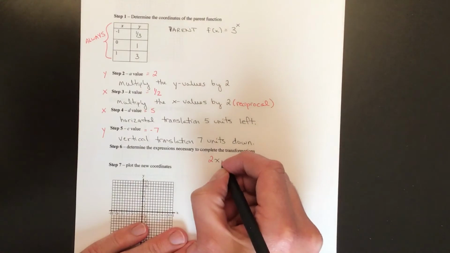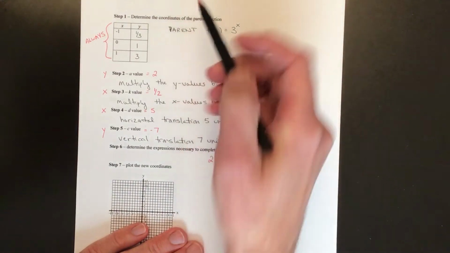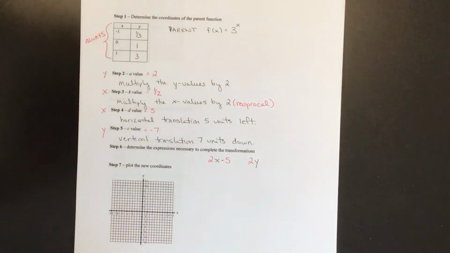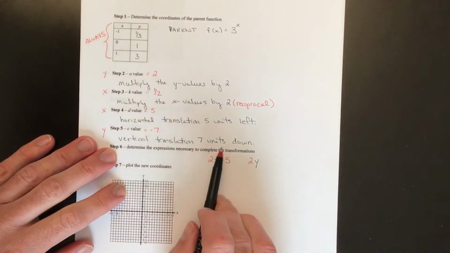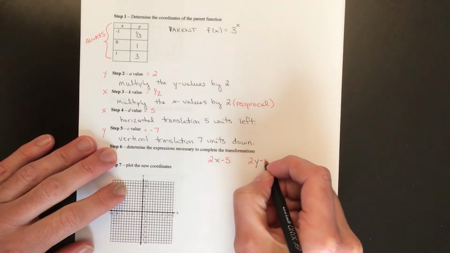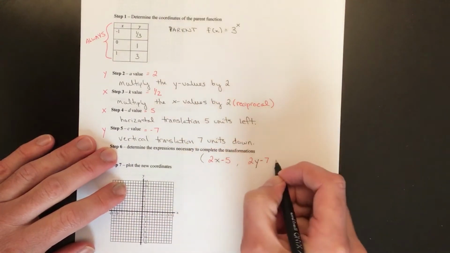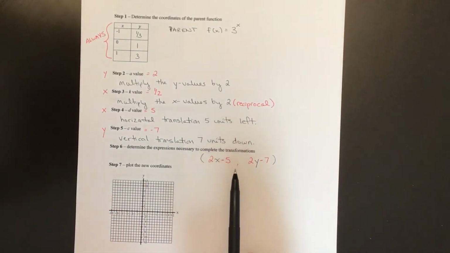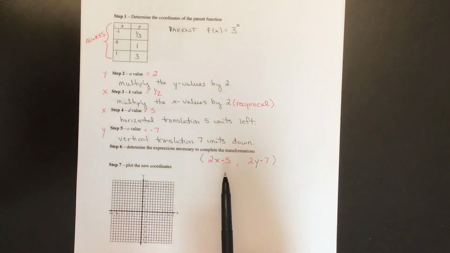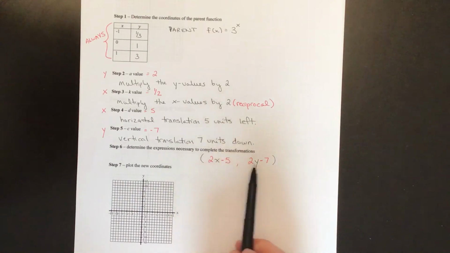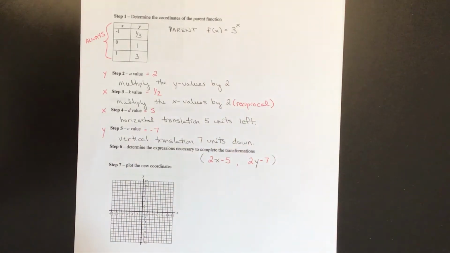So I'm going to do minus 5, right? I'm doing the opposite of what's in my question. And then vertical translation 7 down, that subtracts from my y, minus 7. And what I've done now is I've created an expression to determine my new points. Rather than using the table, I can just create these two expressions to determine my new x and y values.